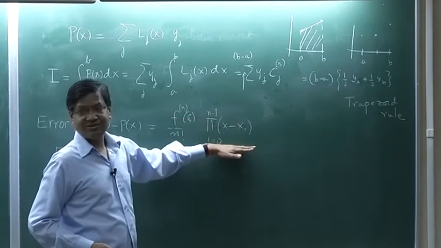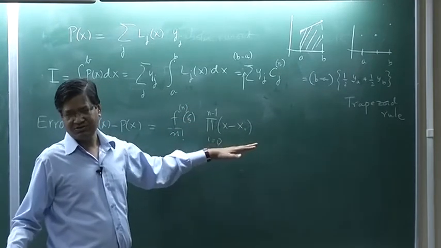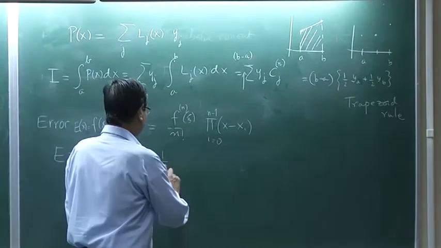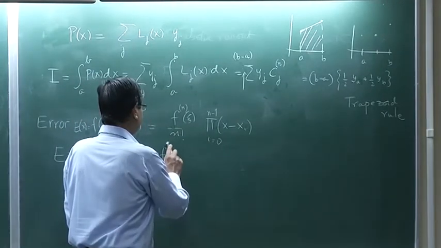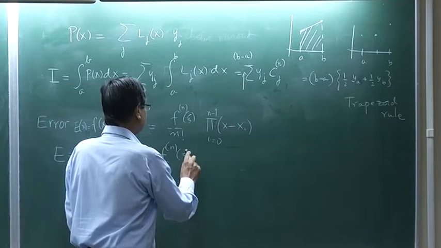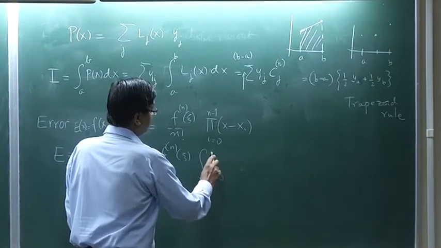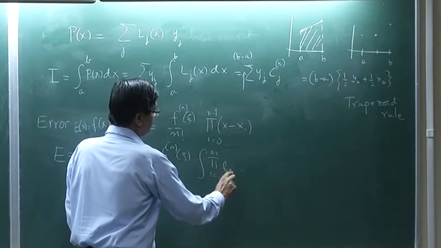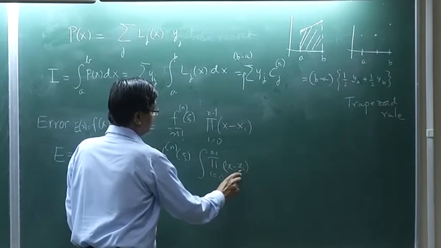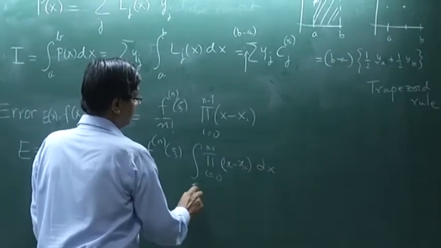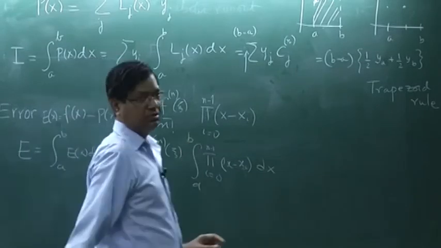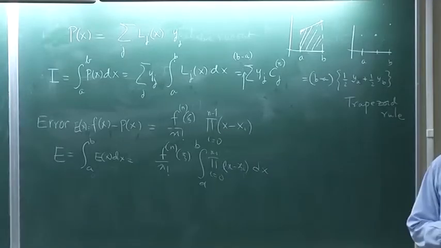But this is doable. This integral again the computer will do. So I can do 1 over n factorial f^(n)(zeta) and the integral of this. So there is error, but there is a little bit of a catch.